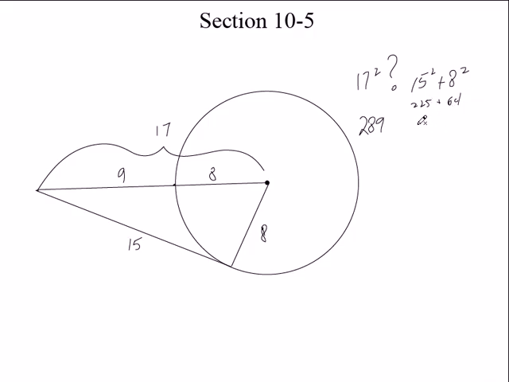Guess what that is? It's 289, absolutely. That's easy. All right, now watch. They're equal to each other. So if they're equal to each other, guess what this is? It must be a right triangle. It must be a right angle. So guess what's true about this thing right here? It must be tangent to the circle. Make sense? That's what they're asking it to do. Let's go to another one.